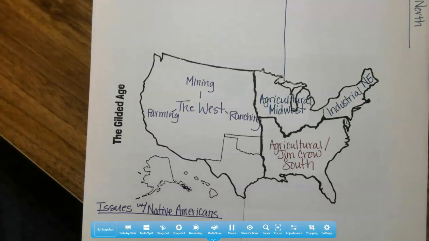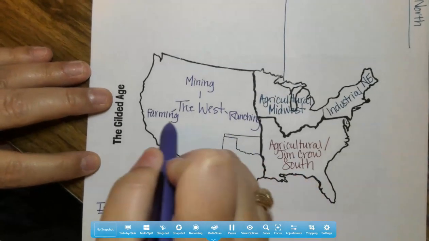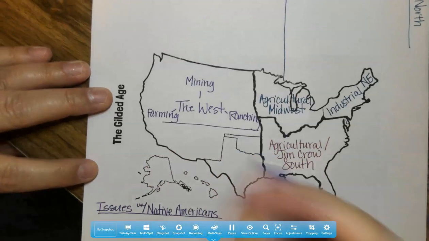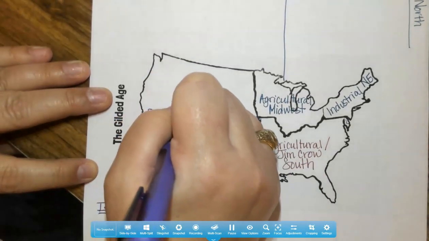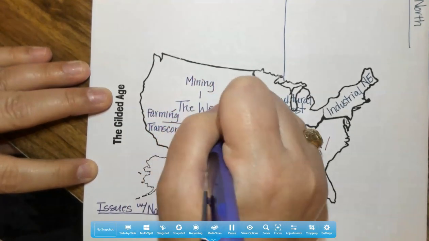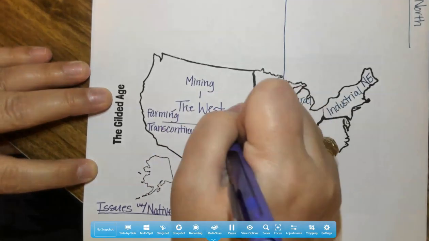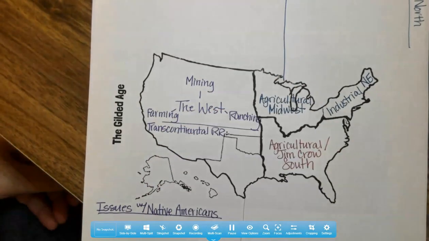All right. One of the things that's going to happen is that there is going to be, all along here, a transcontinental railroad.